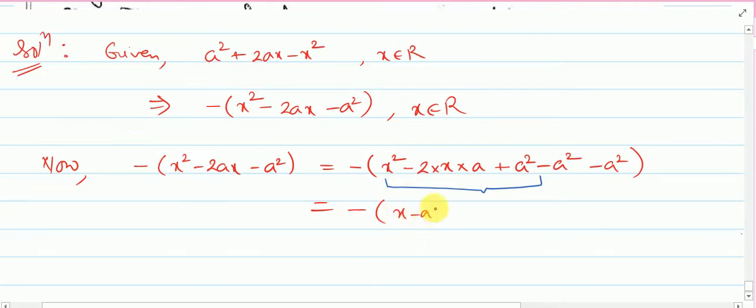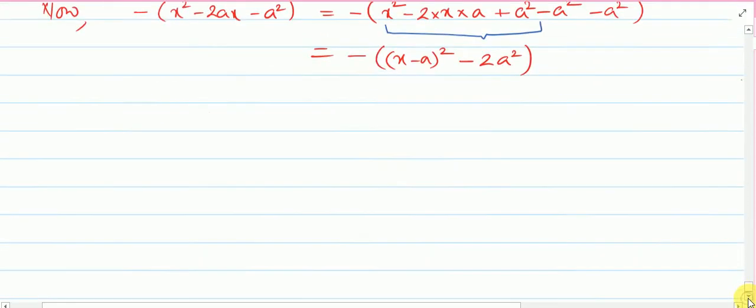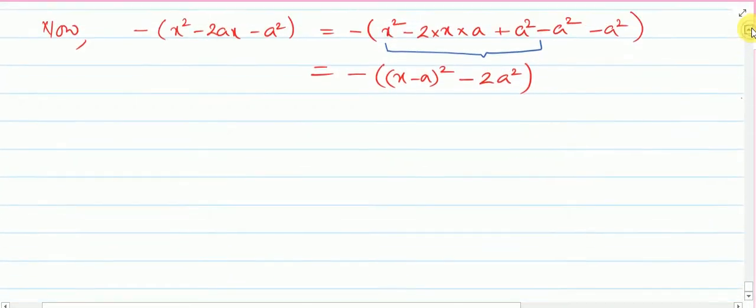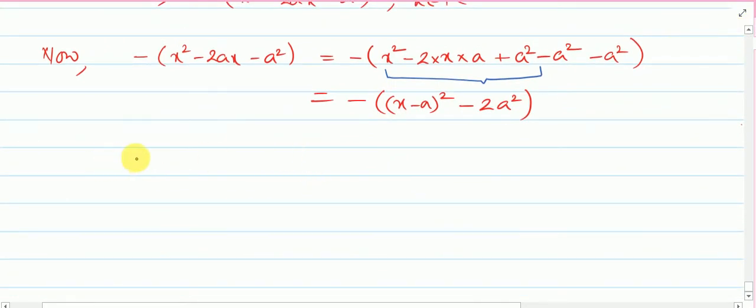So x minus a whole square, and here minus a square and minus a square becomes 2a square. Or let us open the bracket. Okay, so here we'll get 2a square minus x minus a whole square.